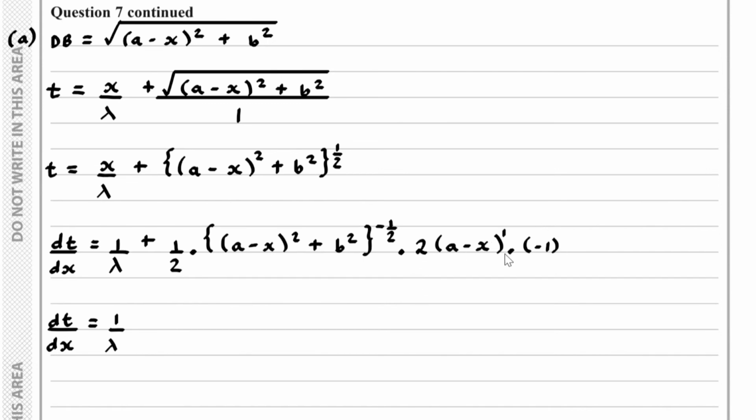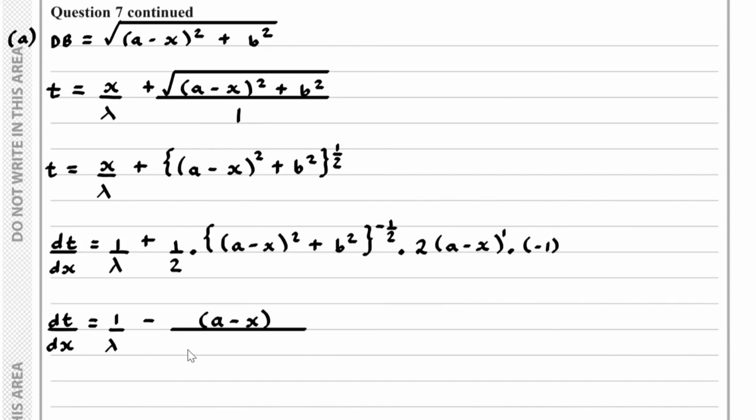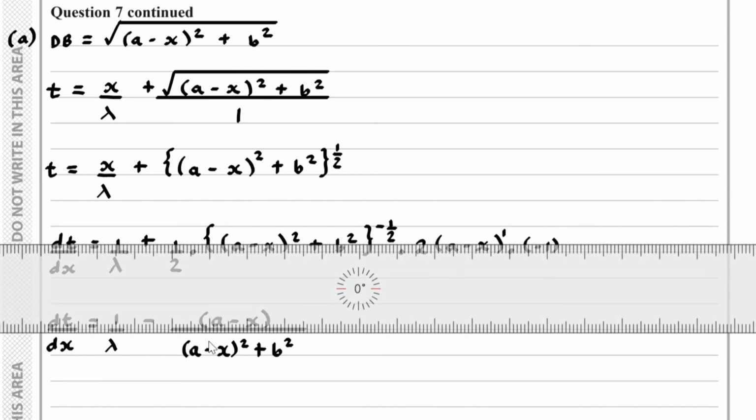I'm multiplying that by negative 1, so I've got minus, and then I've got a minus x, and then I'm multiplying this by a minus x squared plus b squared to the negative 1/2, which is the same as a minus x over the square root of a minus x squared plus b squared.